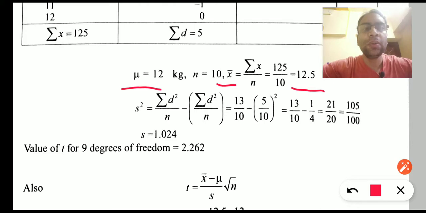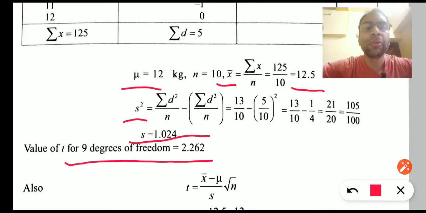Now we need to find the standard deviation. For the standard deviation the formula is sigma of D square upon n, that is why we had calculated the column sigma D square. Then this is coming 1.024. The standard value of T at 9 degrees of freedom is given in the question, that is 2.262.